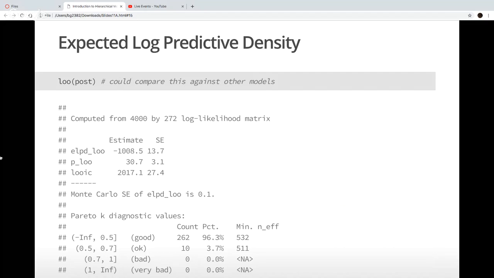But I want to draw your attention to this estimate of the effective number of parameters, which is just 30.7, estimated reasonably precisely. But we just got through saying that this posterior distribution has 46 parameters in it. Why is my effective number of parameters only less than 3/4 of that, maybe 2/3 of that?